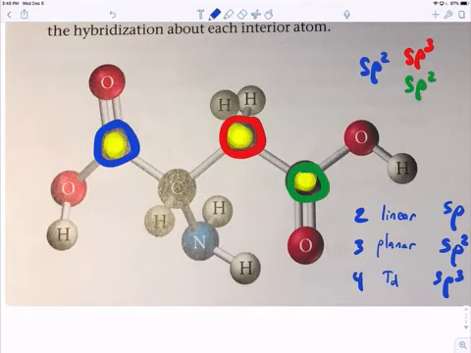So we're identifying the shapes of, well, specifically electronic structure.